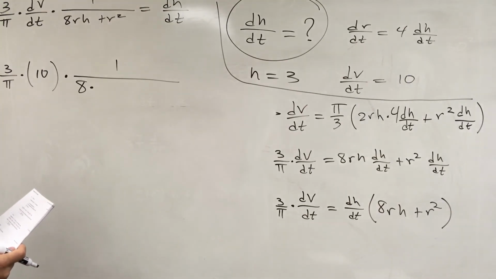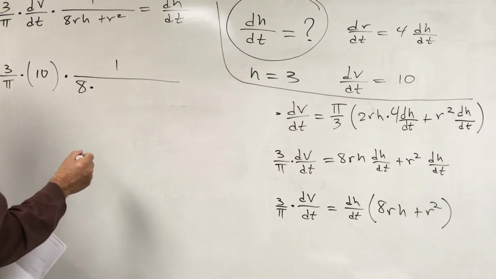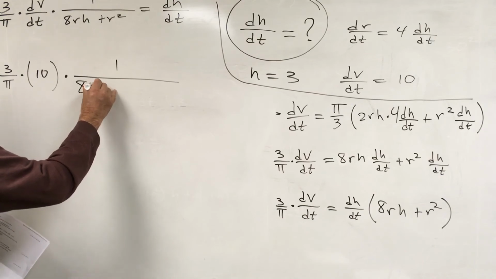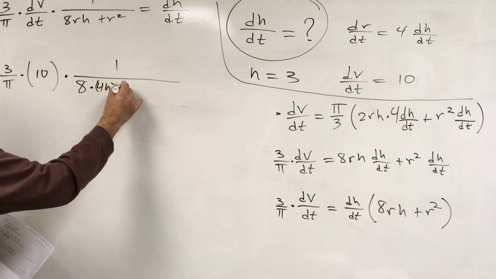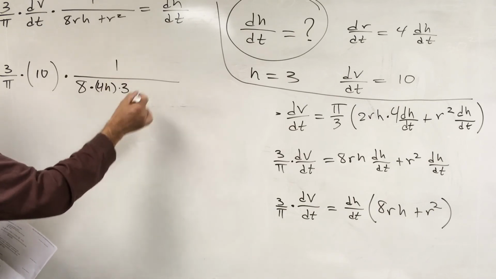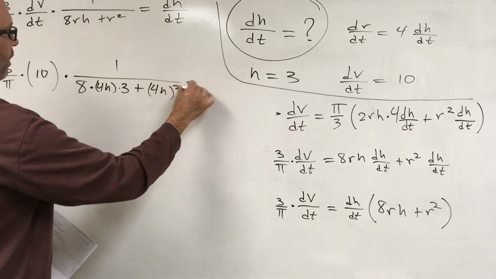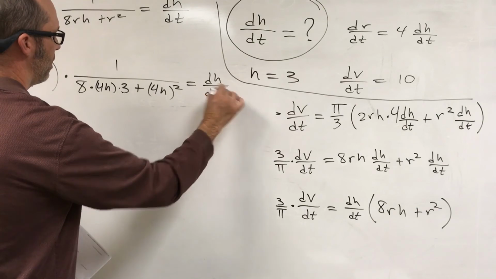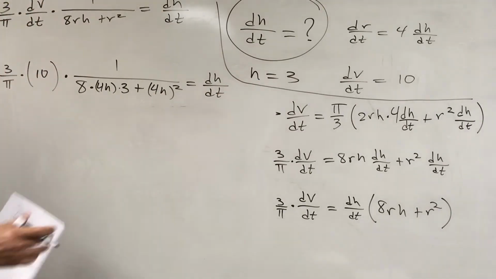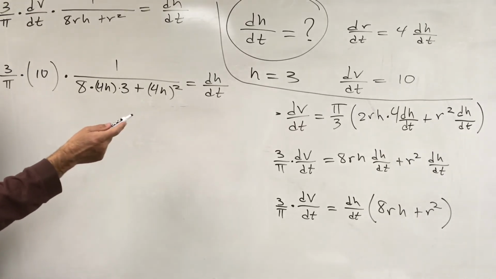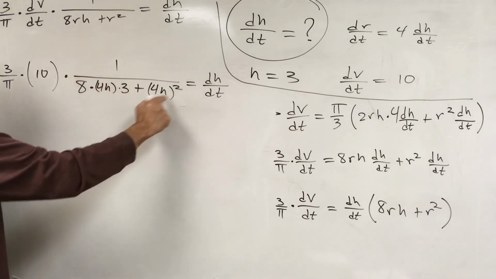We're told r is 4h, so I put the 4h in there, times h, which is 3, plus r squared, which is 4h squared, equals dh/dt. Now h is 3, so I put that in there.